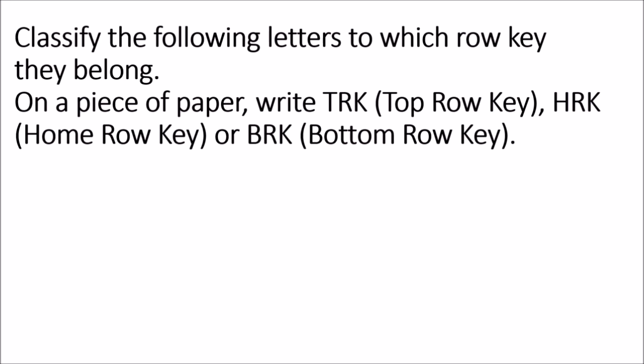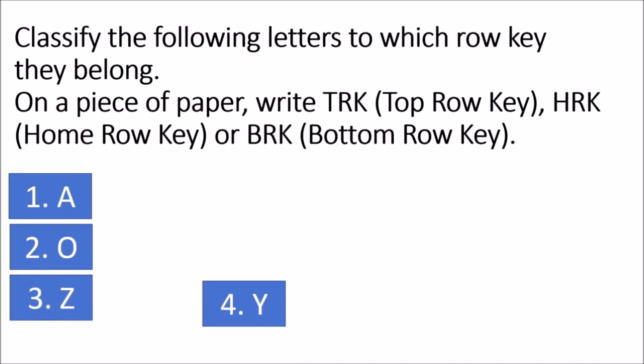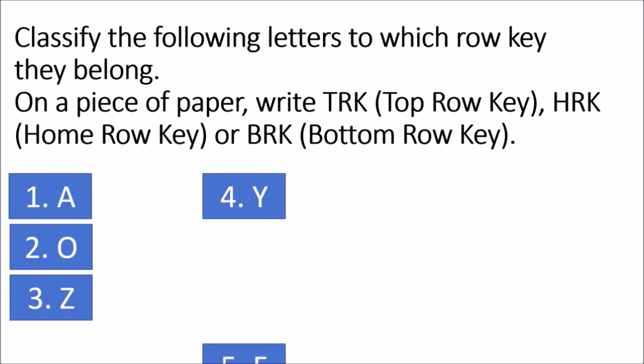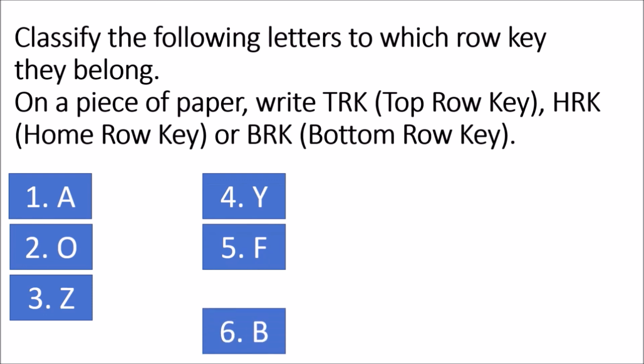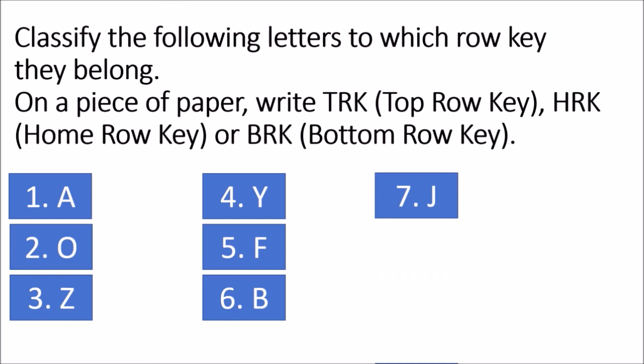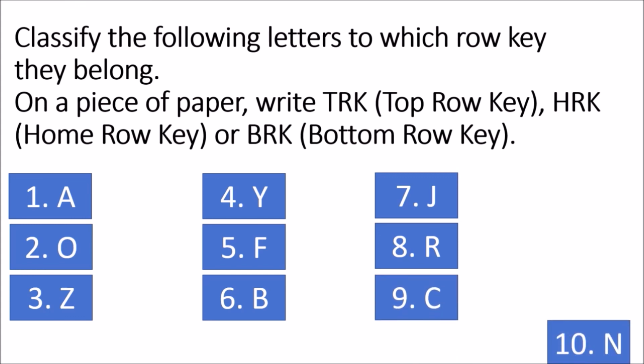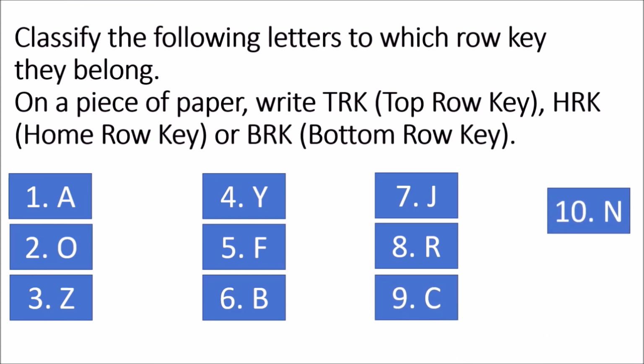So number 1, you have letter A. Number 2, letter O. Number 3, letter Z. Number 4, letter Y. Number 5, letter F. Number 6, letter B. Number 7, J. Number 8, R. Number 9, C. And number 10, N.